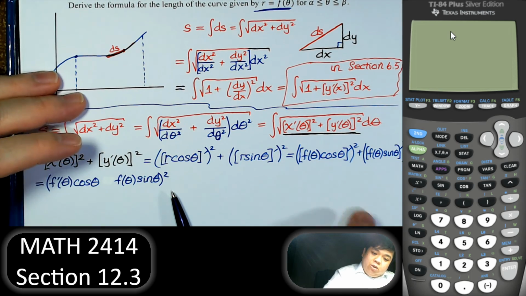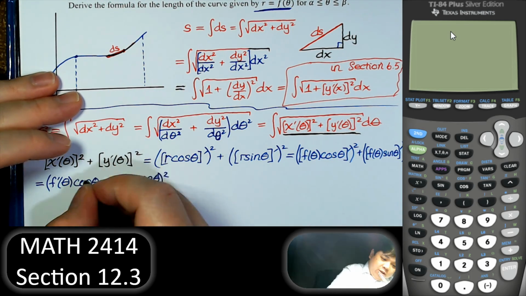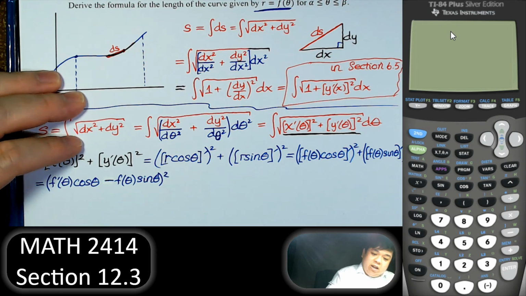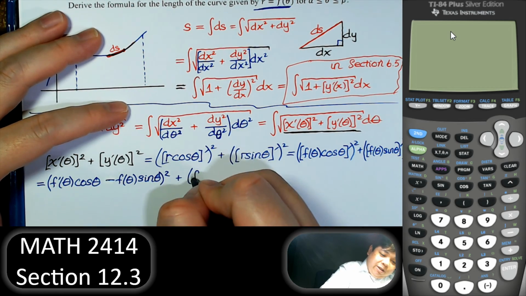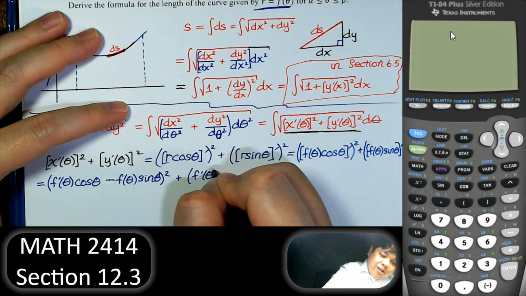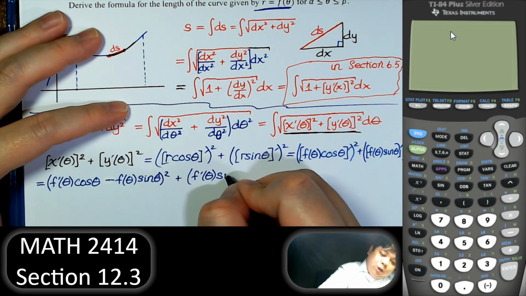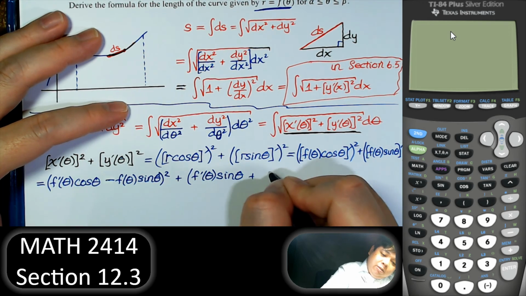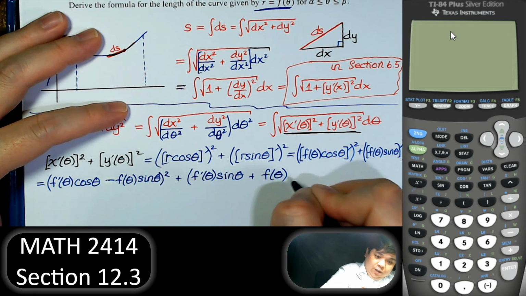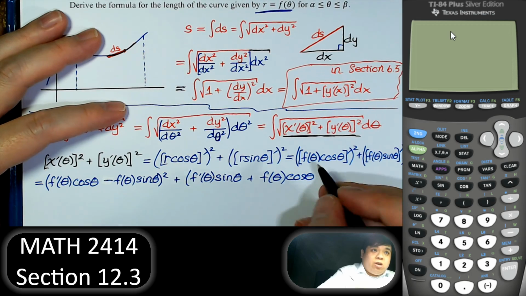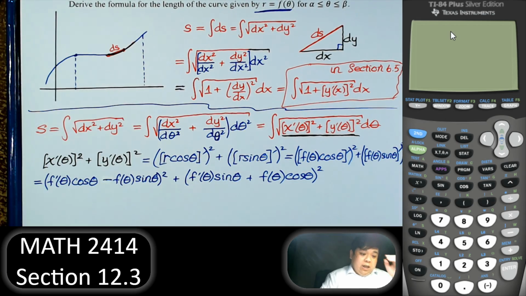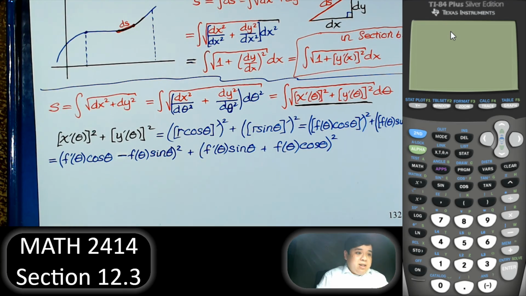So the derivative of cosine is negative sine, so I will start with a minus sign here. And then the derivative is u prime v plus u v prime, the derivative of sine is cosine, and we square. Right, I'll just multiply it out. It's not that bad.